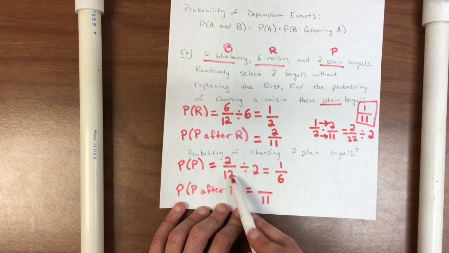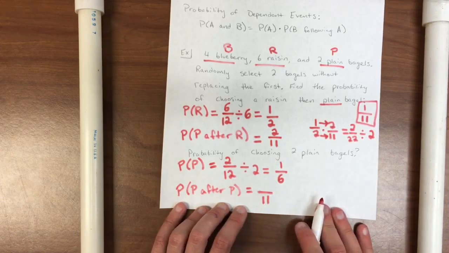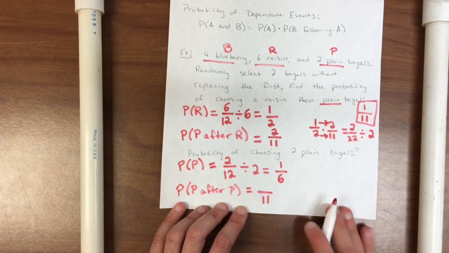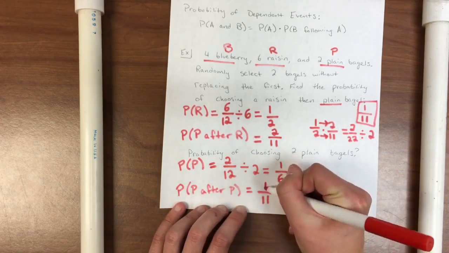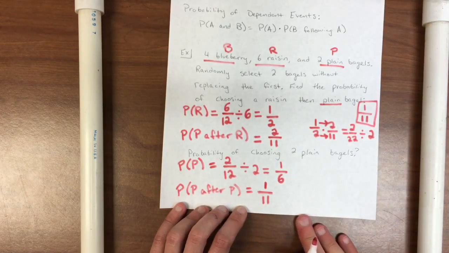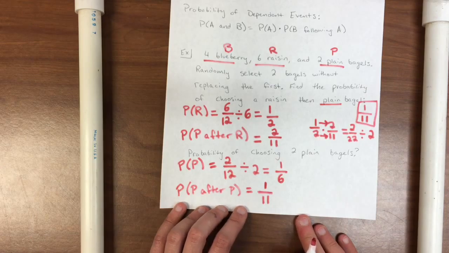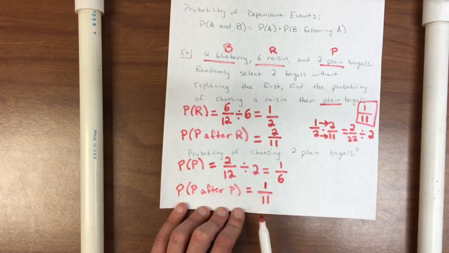We had 12, we took 1 away, so now we have 11. And we also need to do the same with our plain bagels. We had 2, but we took 1 away and didn't put it back. How many plain bagels do we have left? 1. Can 1 over 11 be simplified? No. So our second outcome is going to be 1 over 11.